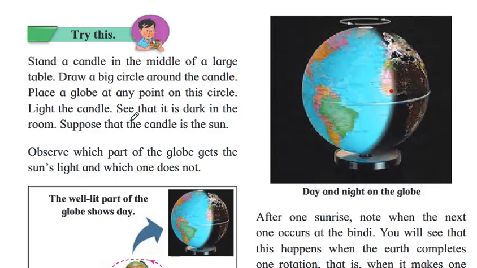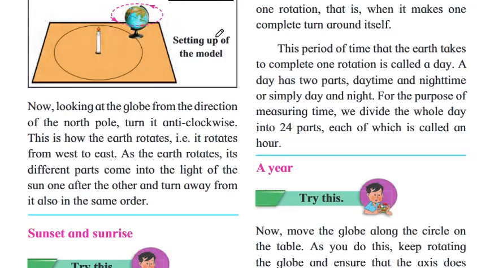Suppose that the candle is the sun. Observe which part of the globe gets the sun's light and which one does not. The well-lit part of the globe shows day. Setting up of the model.